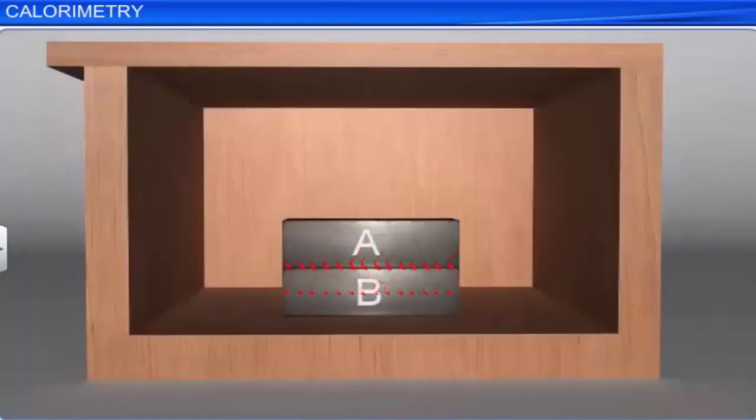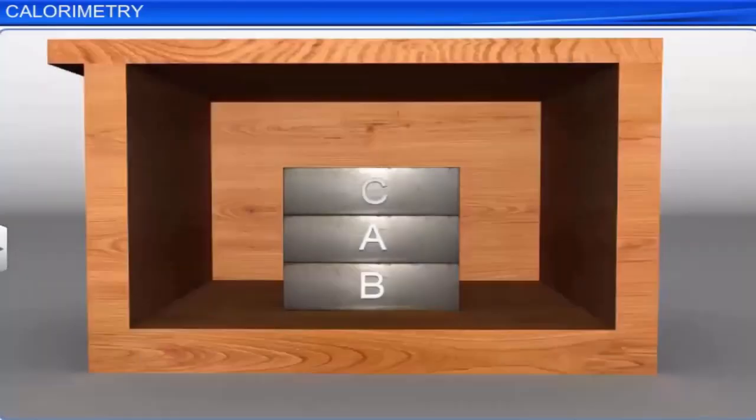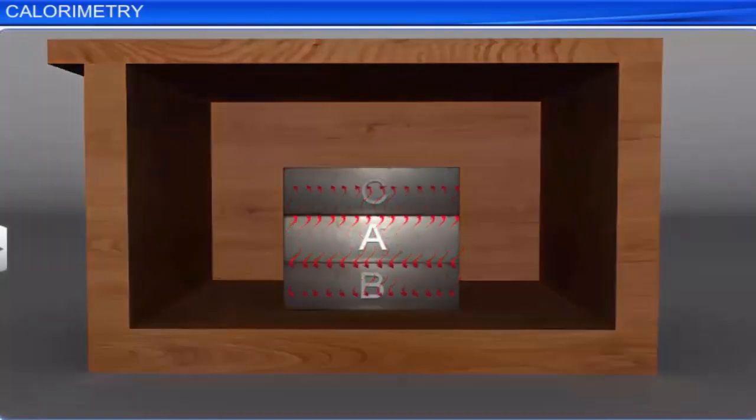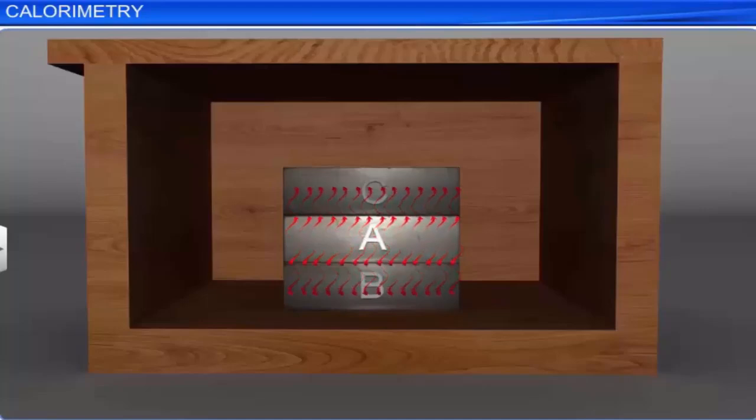Heat energy emitted by the hot body must be completely absorbed by the cold body. Even when more than 2 bodies are placed in a thermally insulated box, some bodies lose heat energy and other bodies gain heat energy. The total heat energy lost by the hot bodies must be completely absorbed by the cold bodies.